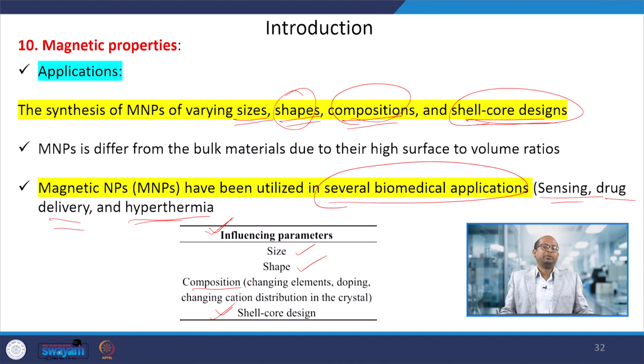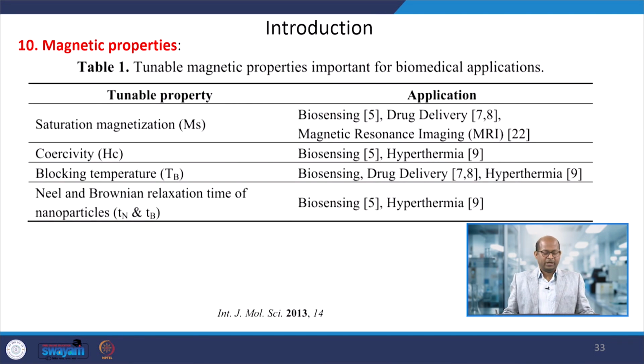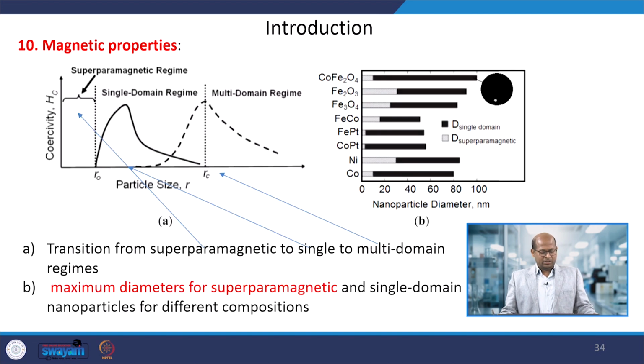Whenever we prepare a material, we look into these, and depending upon that the material changes its property. We can prepare materials with a particular tunable property depending upon the application. So particle size is very important. How can we say that?